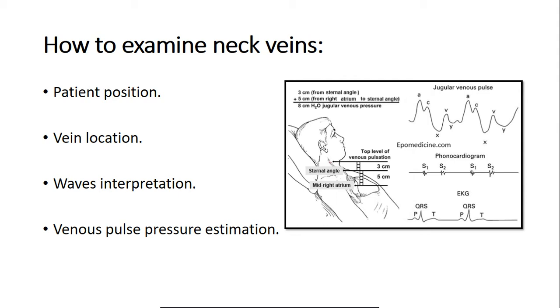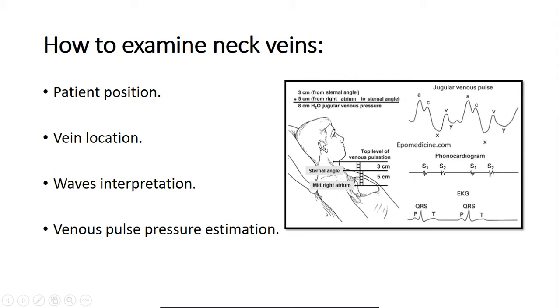Then you have to interpret the waves of the neck veins. The neck vein pulsation is wavy. It has three up waves, A, C, and V, and two drops, X and Y, and it is repeated all over the cardiac cycle.